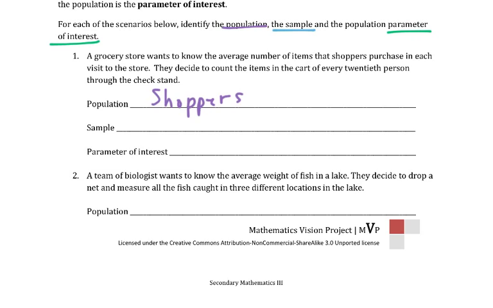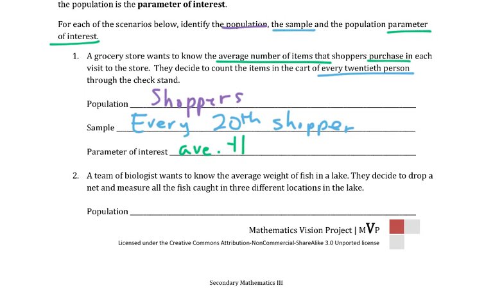The sample would be every 20th person, because they're not going through everybody, just every 20th shopper. And what do they want to know? They want to know the average number of items they purchase. So, average number of items purchased.